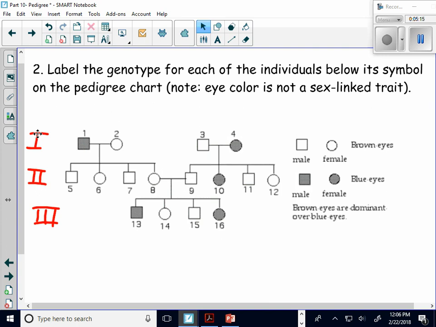Really, they're not related, 10 and 2. 2's daughter-in-law would be married to 5, right? So really, all 2 and 10 have is, 2's daughter married 10's brother. So 2's son-in-law's sister, I guess you would say. All right?